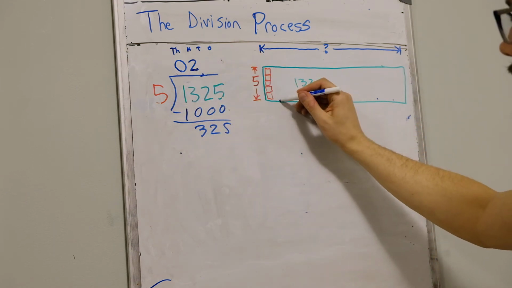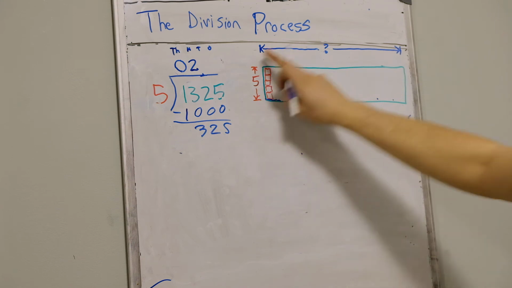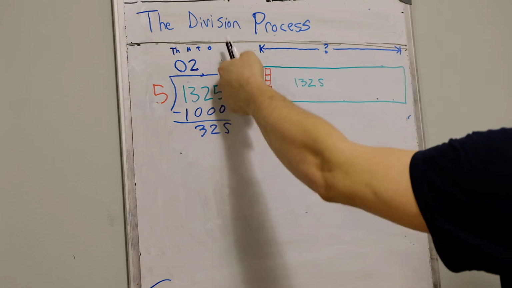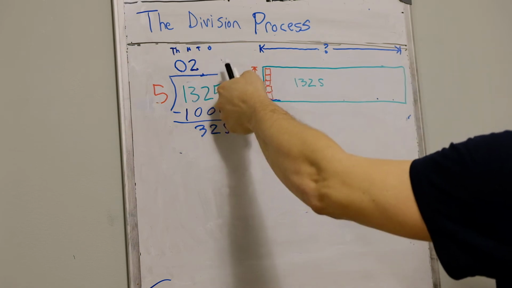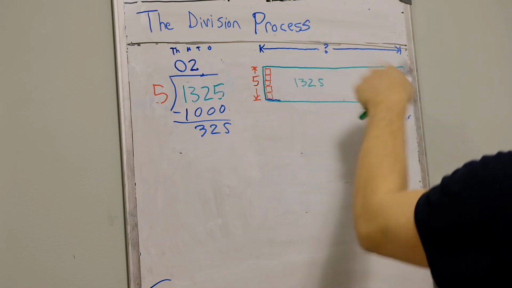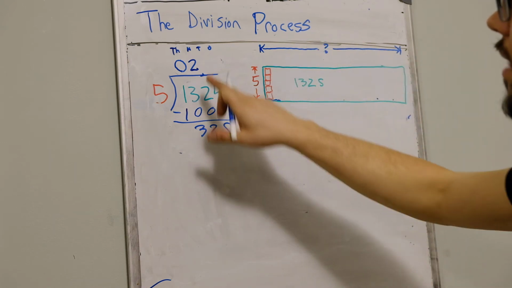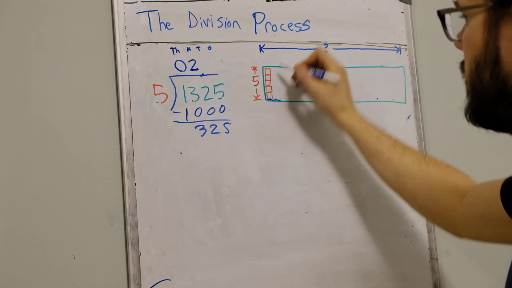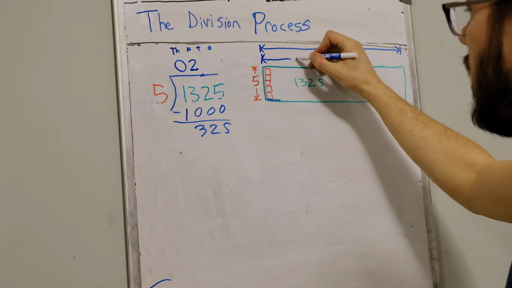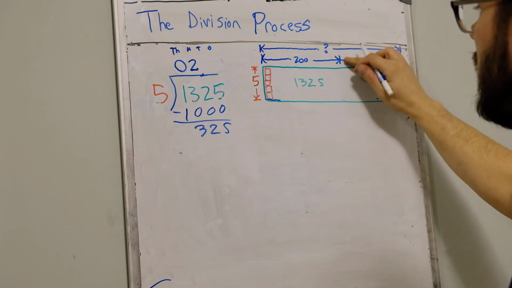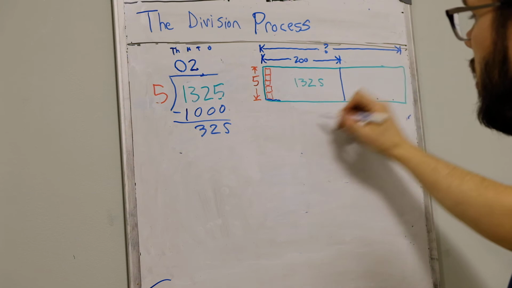So essentially what we've done is this. We've selected, right, if this is our big number of 1,325, and our divisor is 5, so that's the size of our groups, we want to know how many. 1, 2, 3, 4, 5, 6, how many groups? Well, we know that 200 groups of 5 is going to give us up to 1,000.